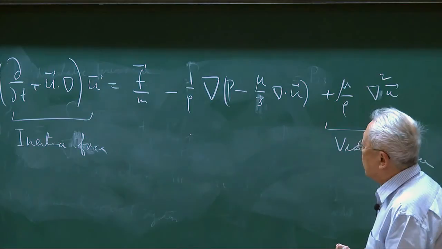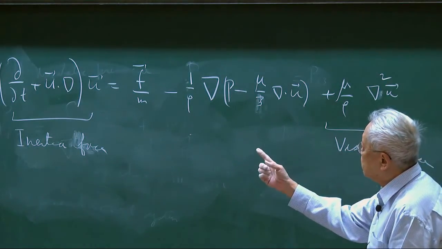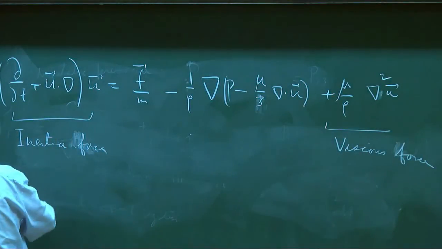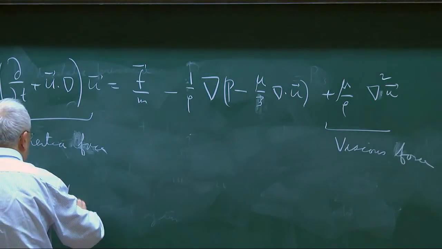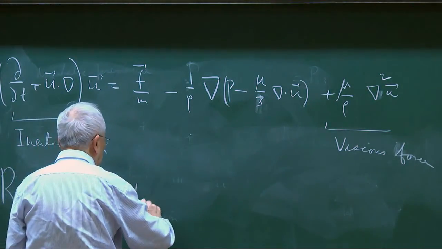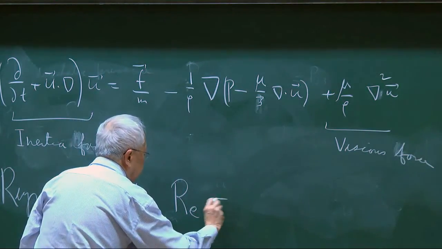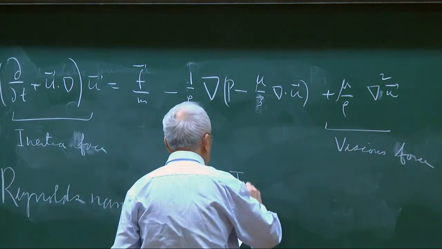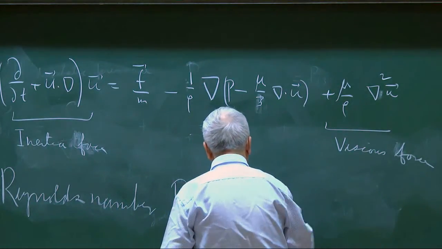And there's a dimensionless quantity that characterizes the ratio between these two forces, and that's the Reynolds number. It's called Re usually. It's dimensionless, so it's equal to the ratio between the inertial force to viscosity.